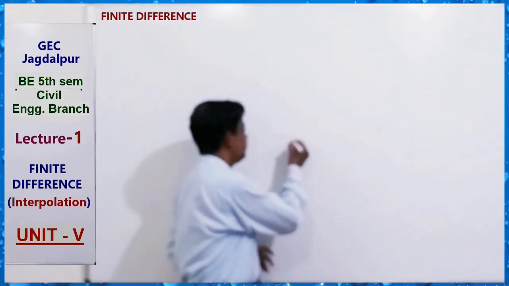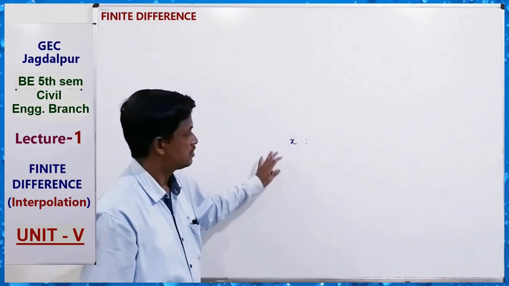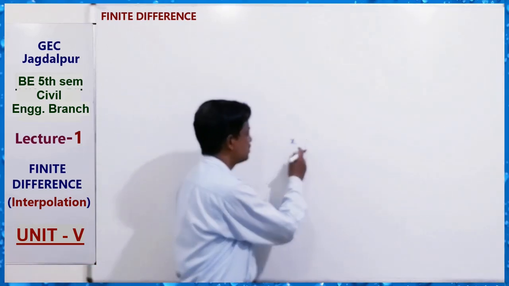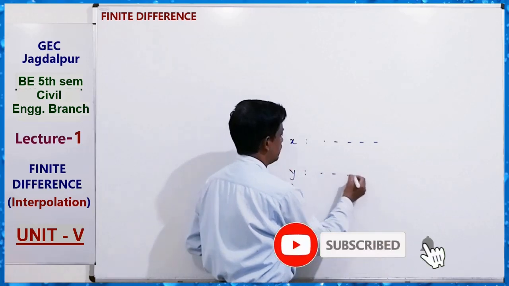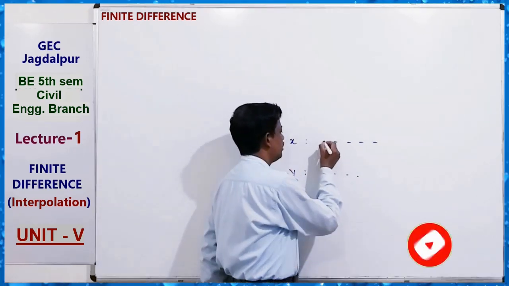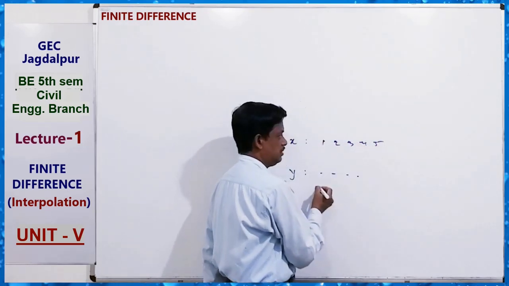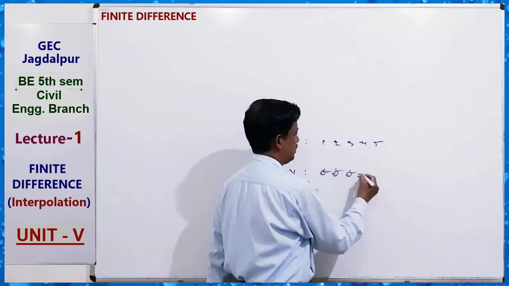Suppose we are given values of x and values of y like this. For x equals 1, 2, 3, 4, 5, five values are given here, here and here.